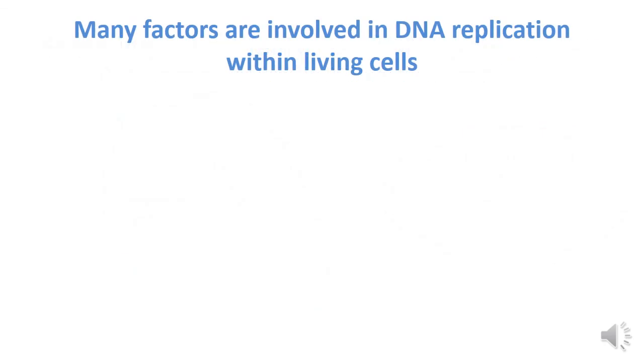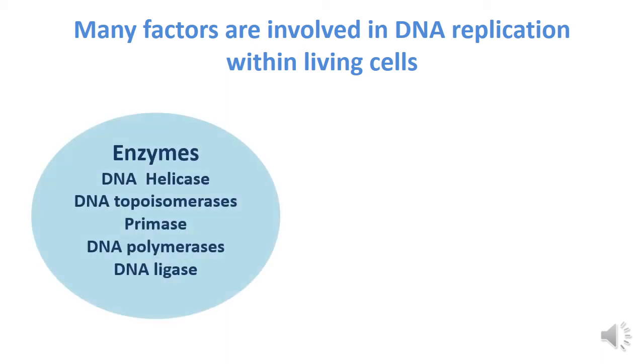In addition to DNA polymerases, many other factors are required for DNA replication within living cells, within our cells, within bacteria, within fungi, and some of these are enzymes like DNA helicase, DNA topoisomerases, primase, DNA ligases, apart from DNA polymerases.